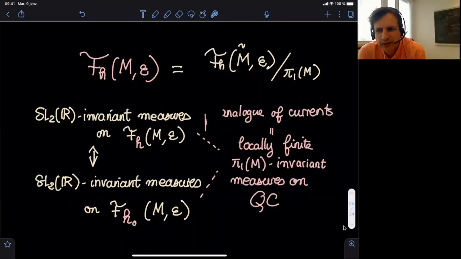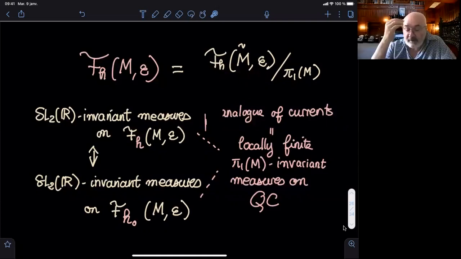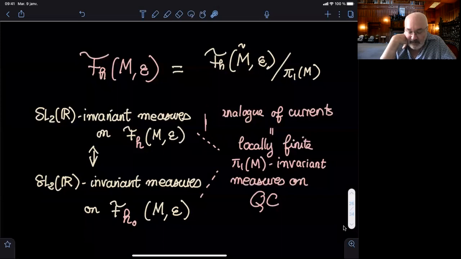I just wanted to say that the result is stated for three manifolds, and we use three manifolds in several places. For instance, we use the Kahn-Markovitch result, but it has been extended in at least odd dimensions by Ursula Hamenstädt. So the equidistribution theorem should work the same way.